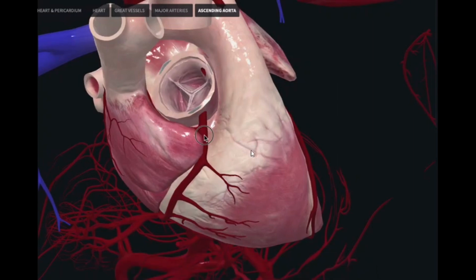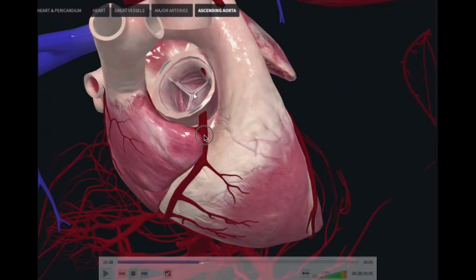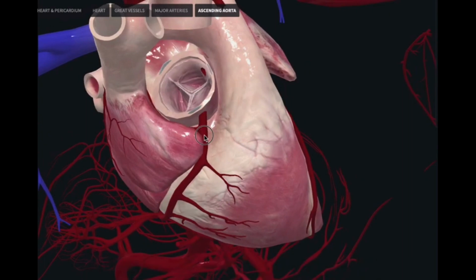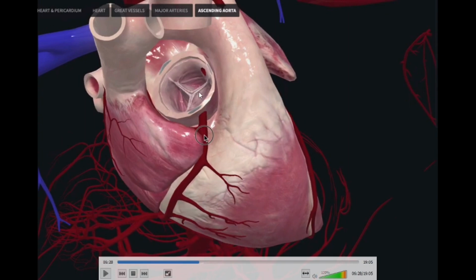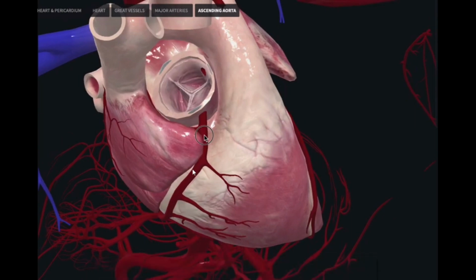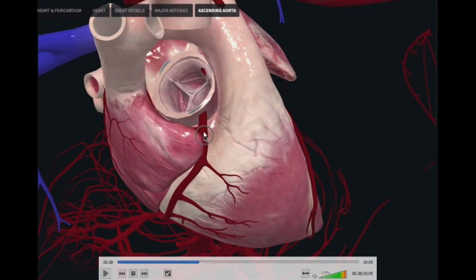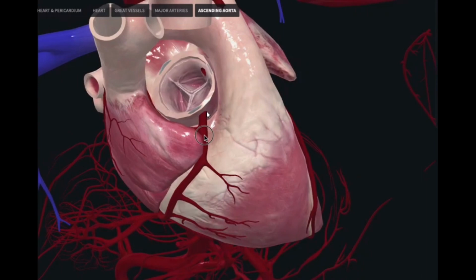Now you know that when the left ventricle contracts, it pumps the oxygen rich blood into the aorta, and from the aorta the blood goes into the systemic circulation. Now you know nature has given these two openings into the aorta. Why? Because the coronary arteries must get the oxygen rich blood, and from where do they get it?